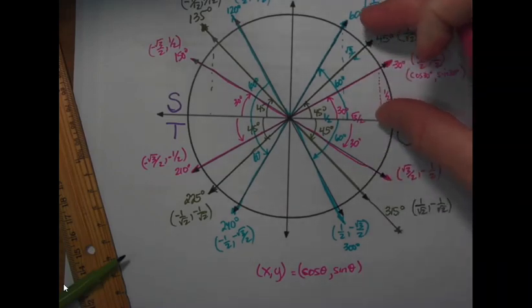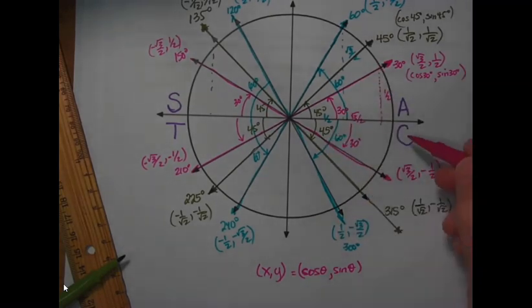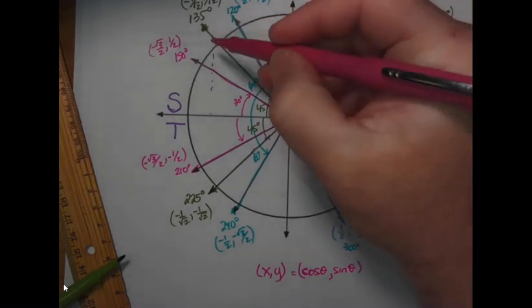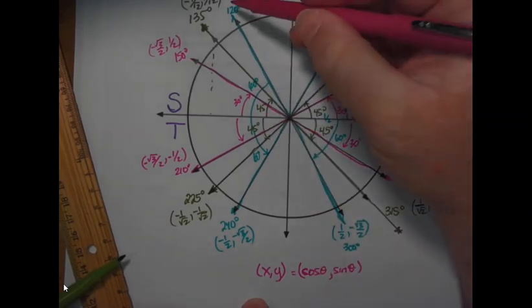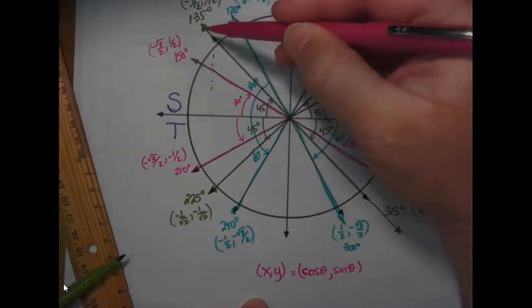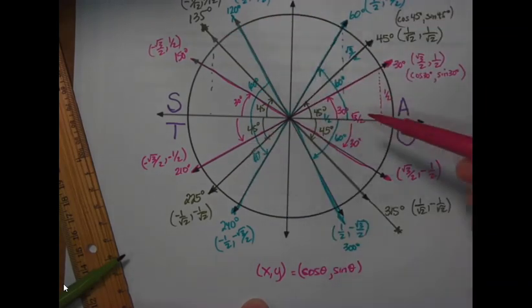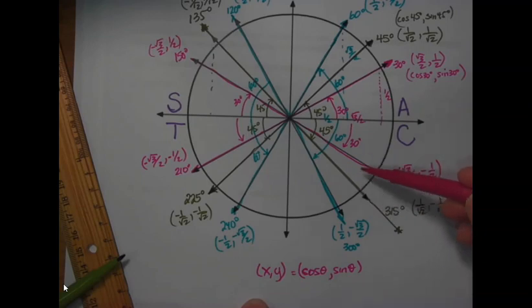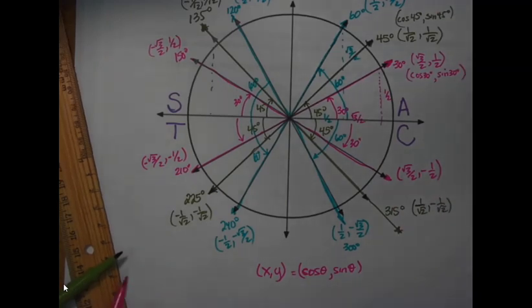But if you know this quadrant, you can build all the rest of the quadrants based on the CAST rule and what the x and y coordinates mean, all right? Negative x, positive y up here, negative x, negative y here, positive x, negative y here. So this is a nice tool to remember. It's not always ideal sometimes because you have to build it.